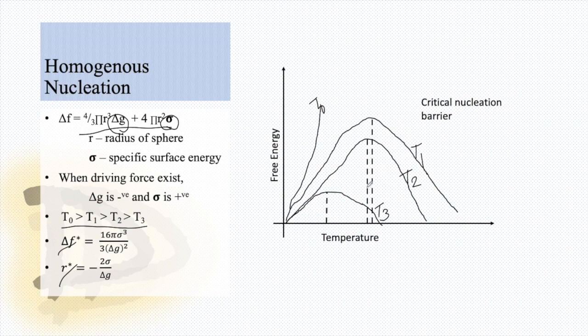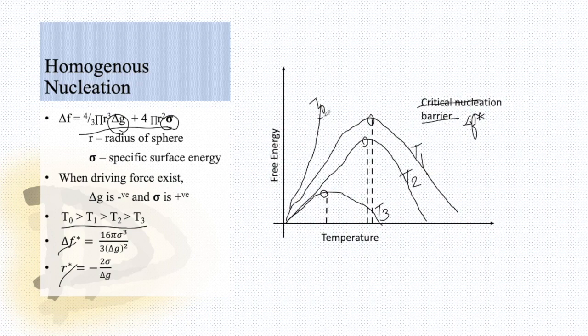At each temperature, the free energy rises to its maximum, then returns to zero value. These points are called the critical nucleation barrier, or it can also be called the activation free energy of nucleation. The barrier to the nucleation is overcome with the aid of thermal fluctuation.